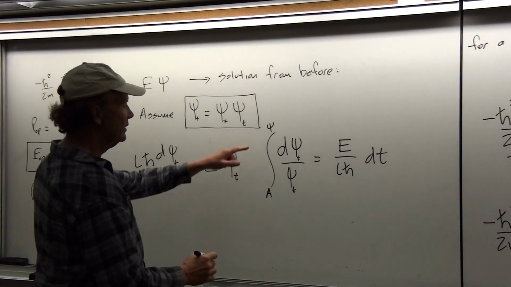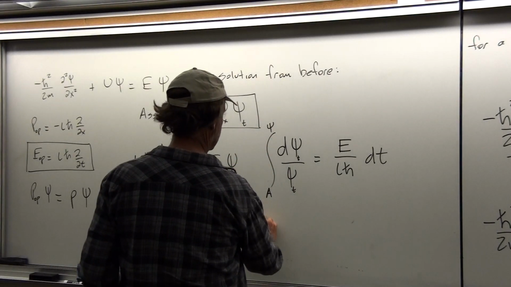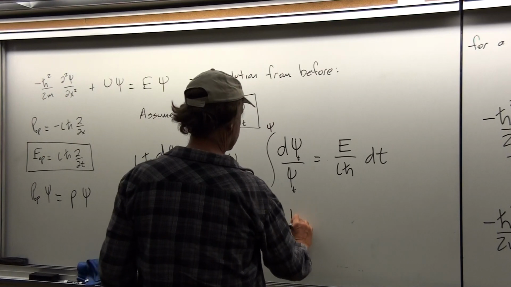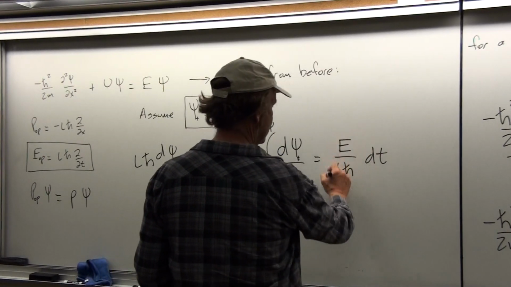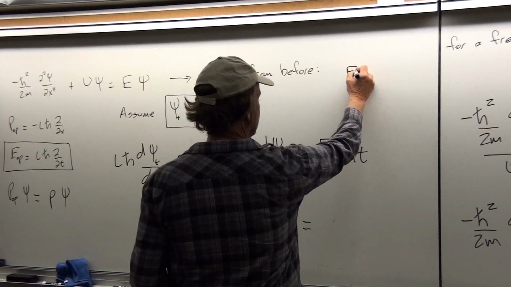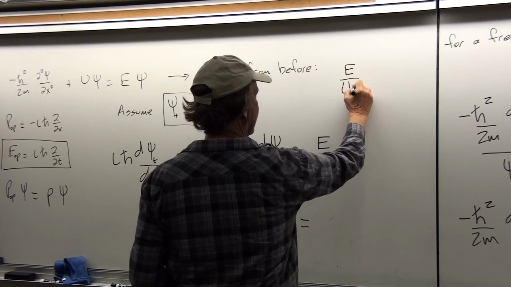And so then we can rewrite this as the log of psi minus the log of a equals, and then here we have e over i h bar.